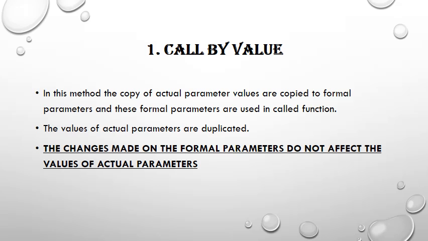The values will get duplicated, right? So if you pass 5 here, it becomes 5 there. So the changes made on the formal parameters will not be affecting the values of the actual parameter. If you change the value inside the function, it will not affect the calling function.